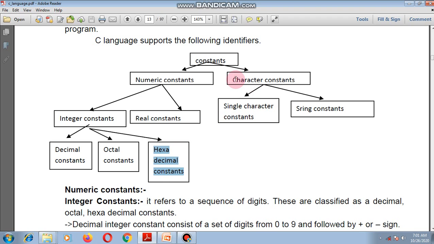Next, character constant. The second category is character constant. It is classified into two types: single character constant and string constant. A single character constant is enclosed in single quotation marks. A string constant contains a group of characters enclosed in double quotation marks.